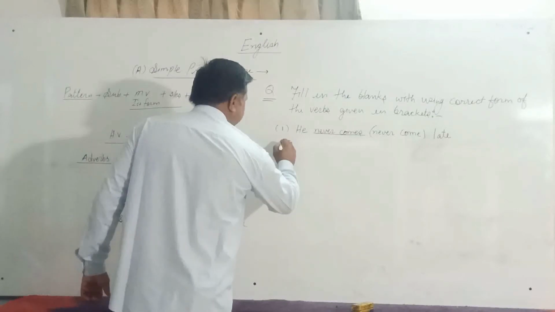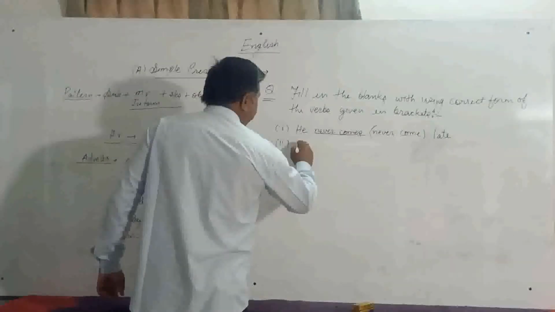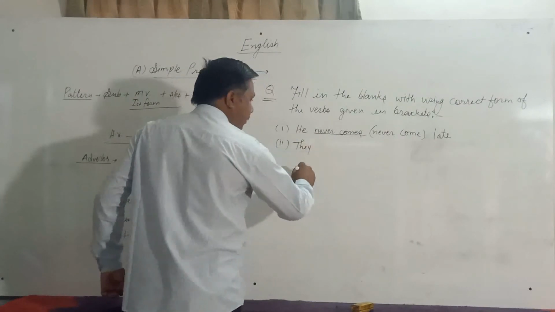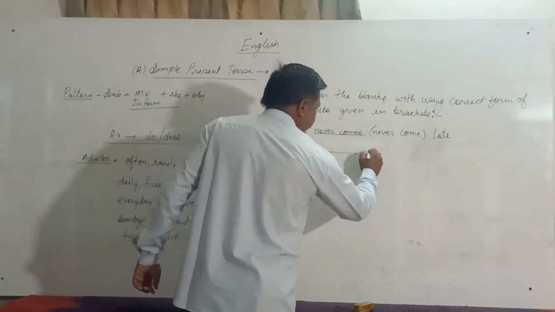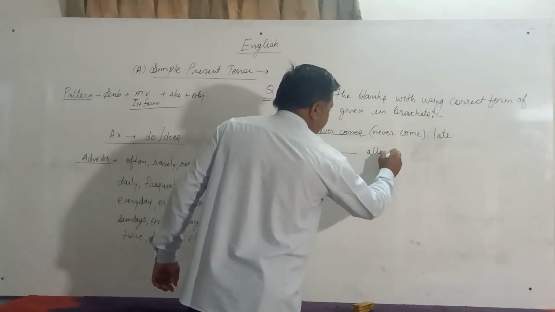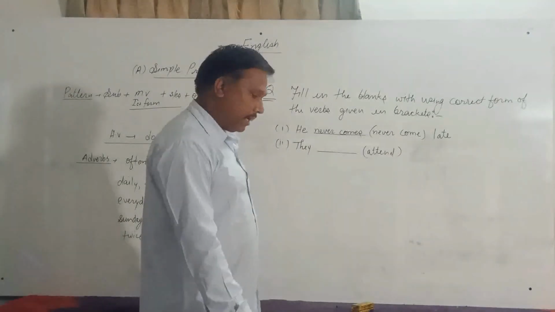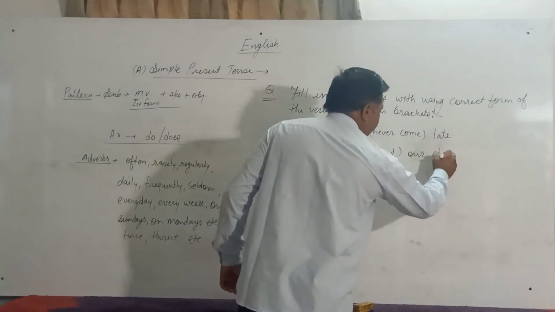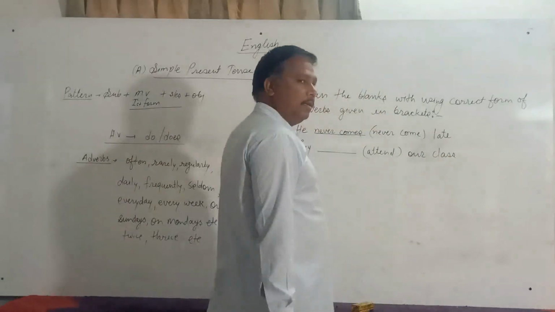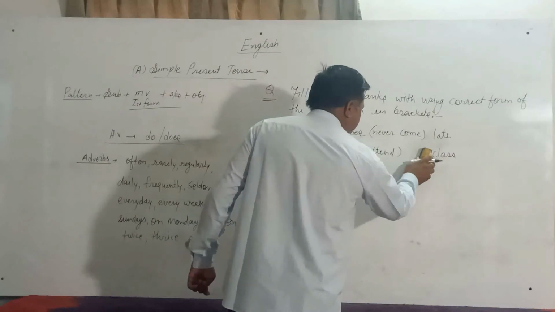Second example: they dash, attend, our verb is in brackets, our class, or you can write their class.